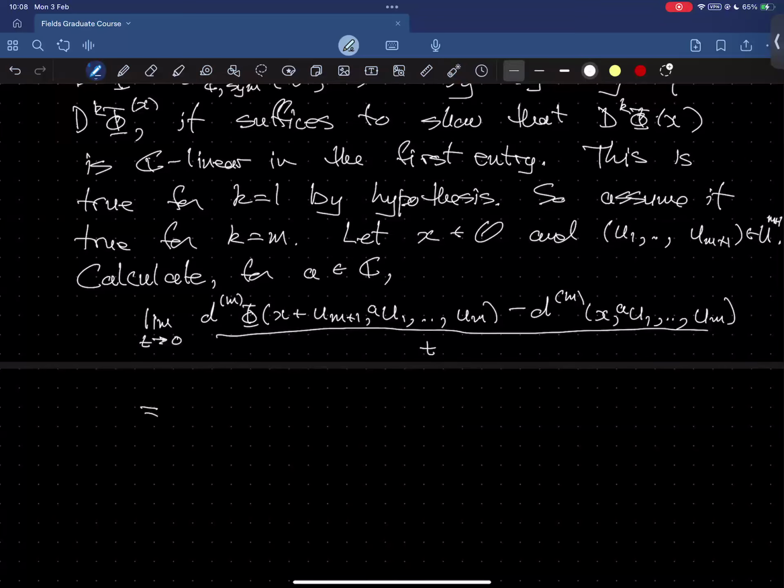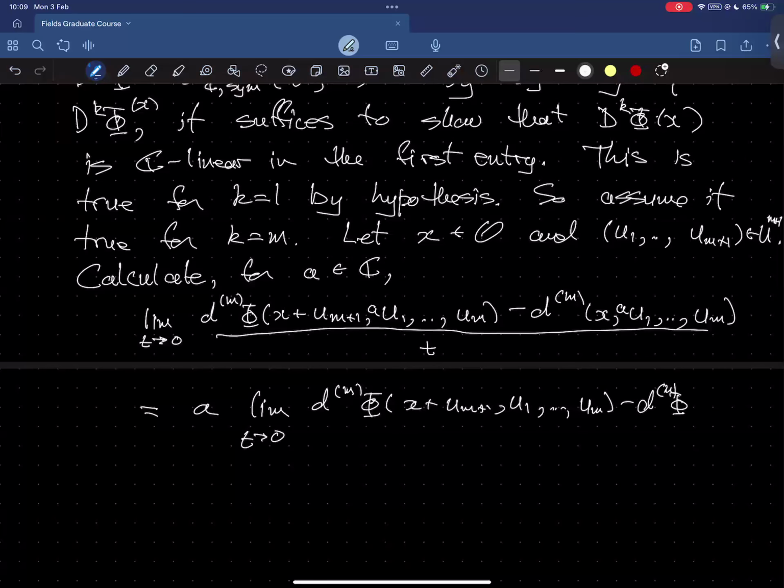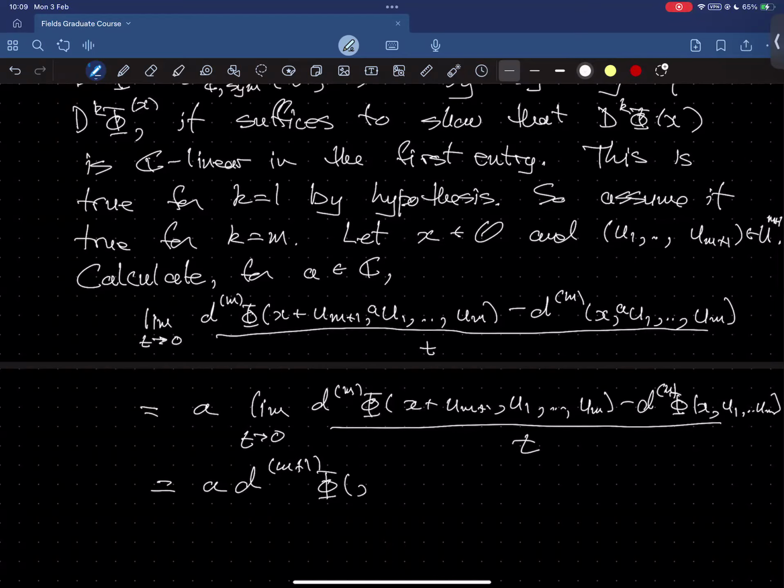And so this is simply a limit as t goes to 0 of d^m phi of x plus t u_{m+1}, applied to u1, minus d^m phi of x applied to u1, over t, and then this is simply a times d^{m+1} phi of x applied to u1 up to u_{m+1}.